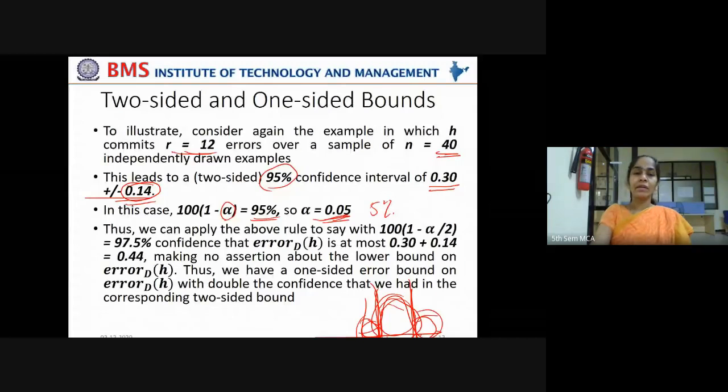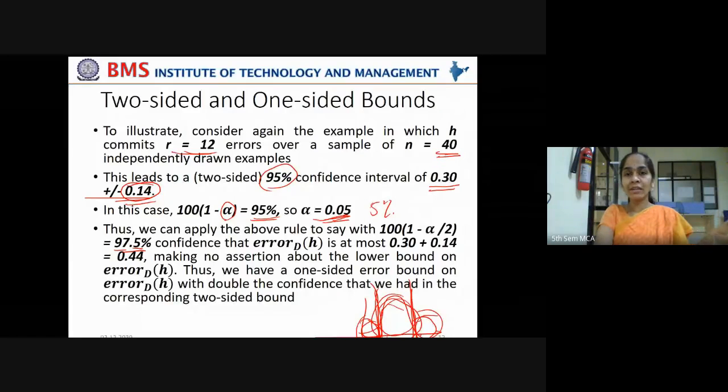Got it? Thus, we can apply the above rule to say that 100 into 1 minus alpha by 2. If it is a two-sided bound, then it is 100 into 1 minus alpha by 2. What is alpha? 0.05. So when you take 1 minus alpha by 2, your confidence now increases to 97.5% from 95%, because 5% is shared as 2.5 on the lower bound, 2.5 on the upper bound.